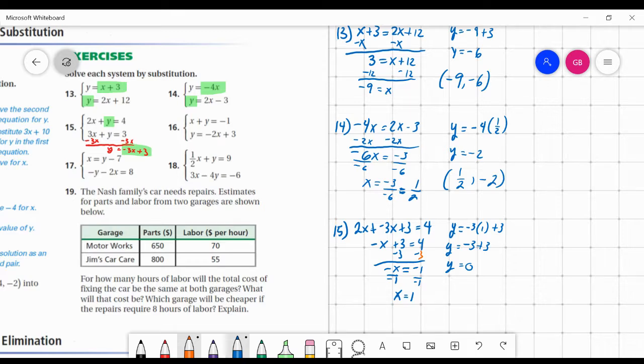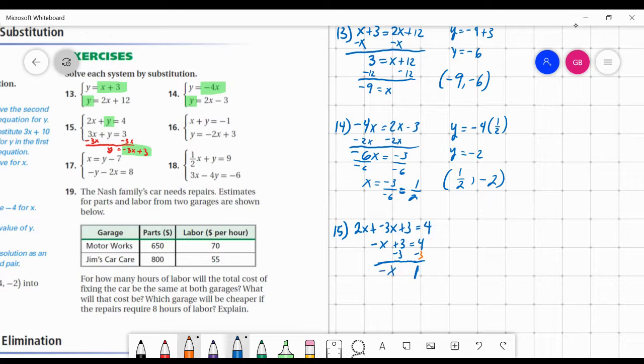Okay. I'm going to check something real quick. Oh, okay. We're going to backtrack because I saw a little mistake here. So 4 minus 3 is 1.